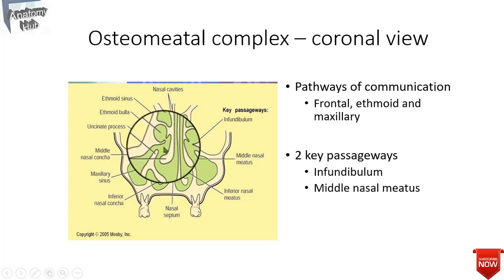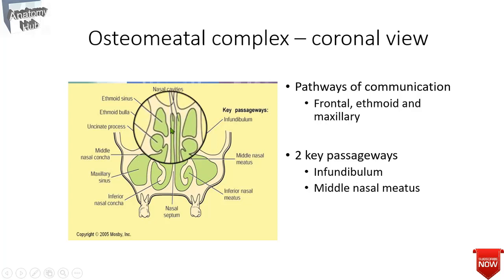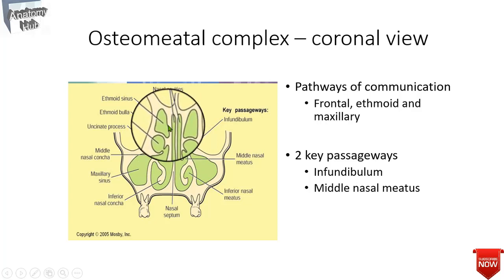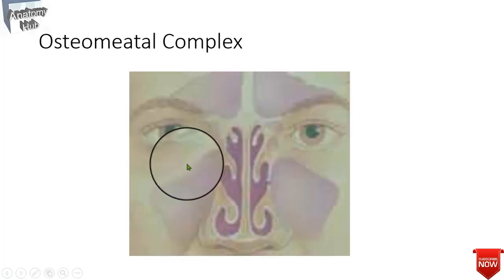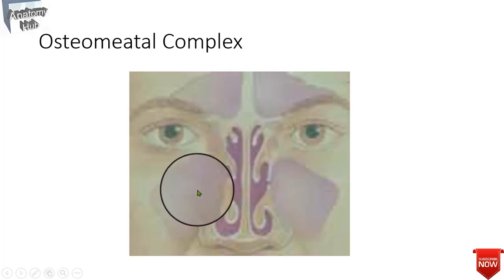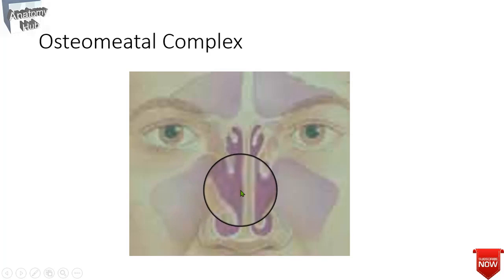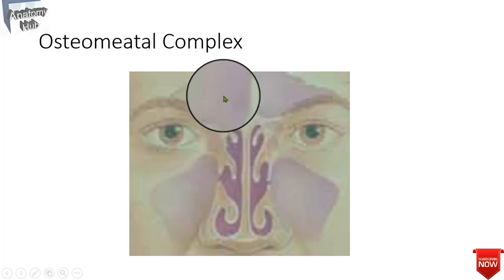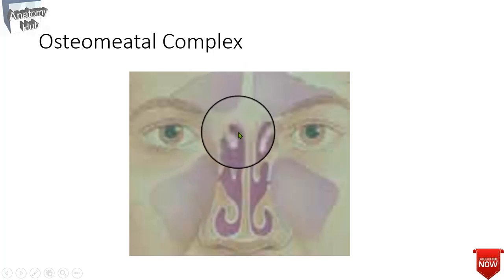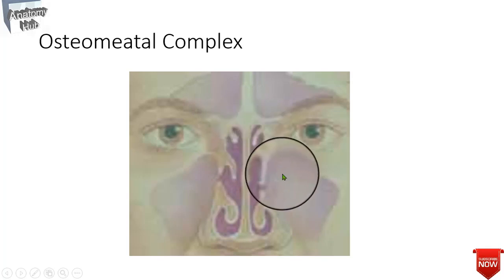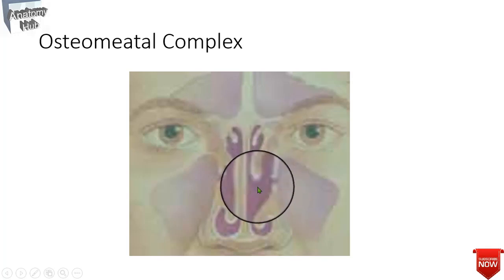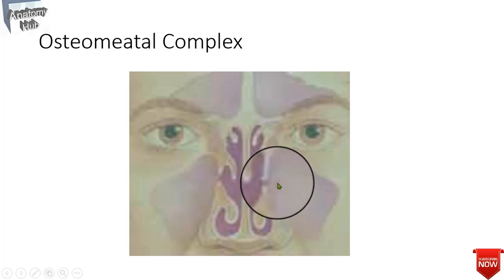So here you will find the middle nasal meatus, and at this point you will find the infundibulum. So here you can see how this maxillary sinus is connected to the nasal cavity, and how the frontal sinus is connected to the nasal cavity. So this will give you a clear picture of how they are interconnected to each other.